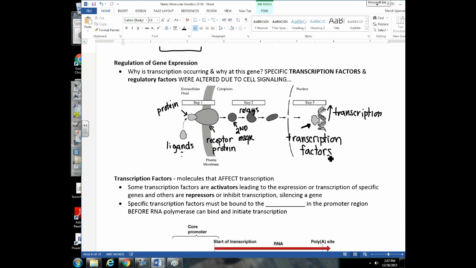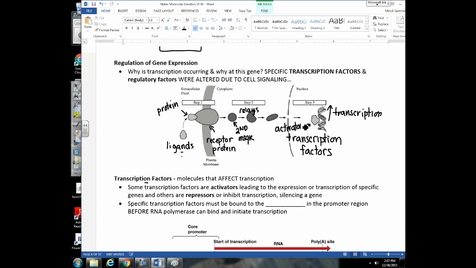So any molecule that can affect transcription is called a transcription factor. And some transcription factors are actually activators. So in this situation, since transcription is occurring after this protein got activated, this transcription factor would be an activator.